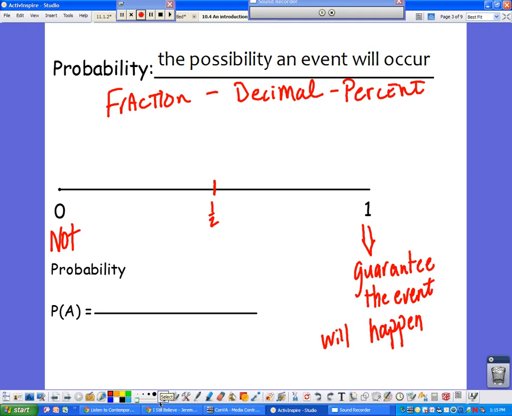And the way you find probability is, first of all, when you write your fraction, it's the total outcomes over on the bottom, and on top of that we're going to put the possible outcomes.